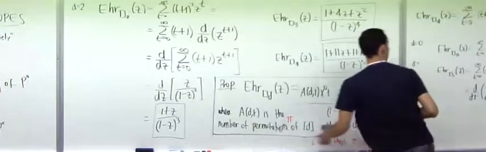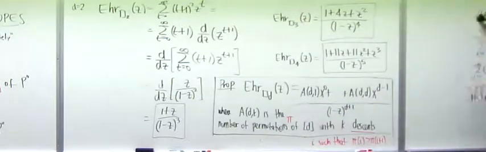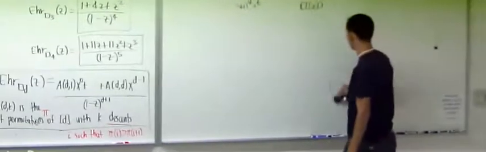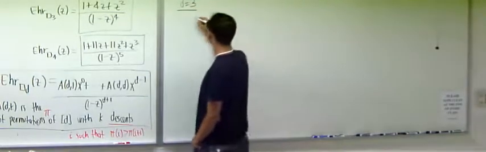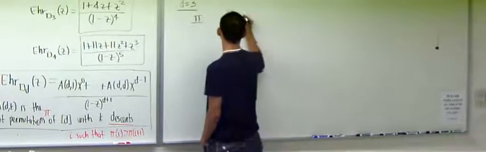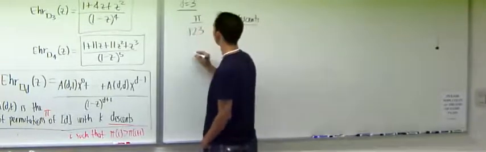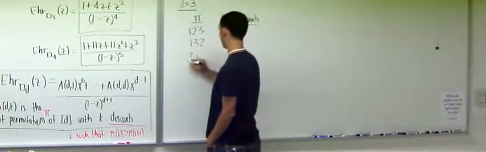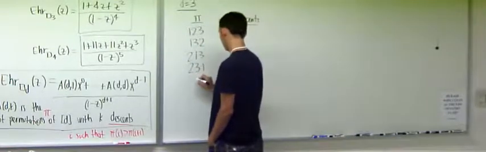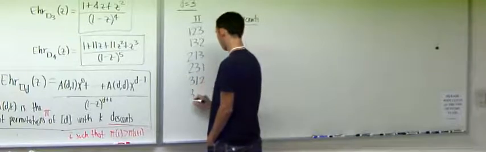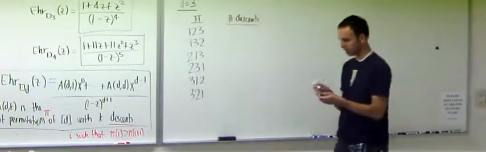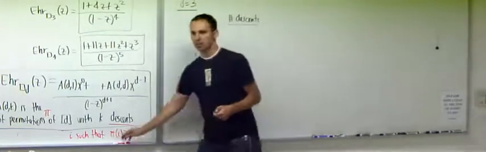So, just to make sure that we're clear, let's do this for d equals 3. Let's list all the permutations and the number of descents. The permutations of 1 up to 3 are 1, 2, 3; 1, 3, 2; 2, 1, 3; 2, 3, 1; 3, 1, 2; and 3, 2, 1. And a descent is a place where the permutation goes down.